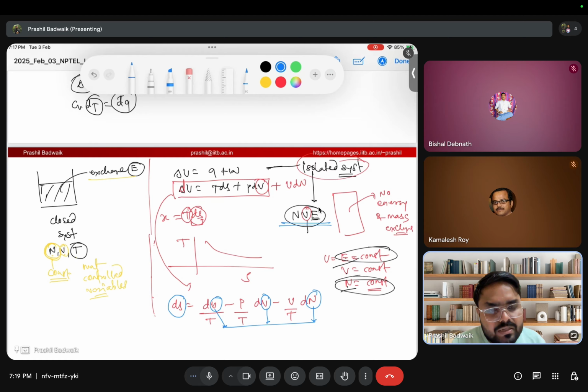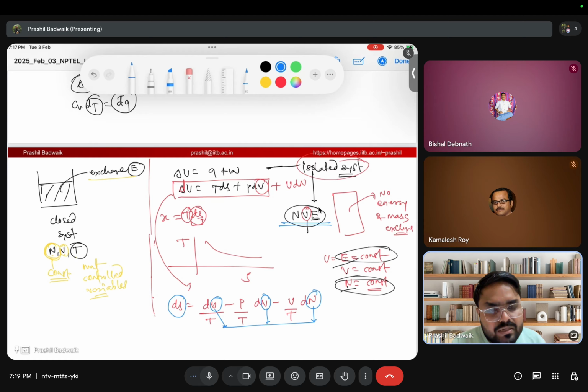That means NVE are my controlled or natural variables, and this is what is defined using this equation, correct? So this is my equation of state, or instead of equation of state, we call it the fundamental equation for an isolated system.